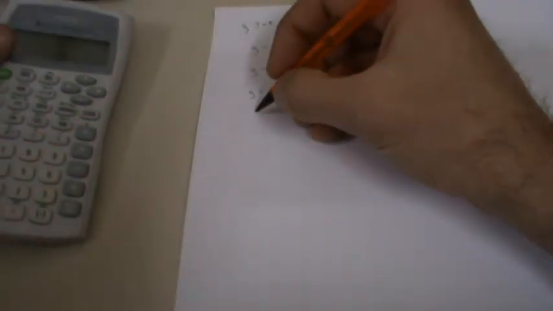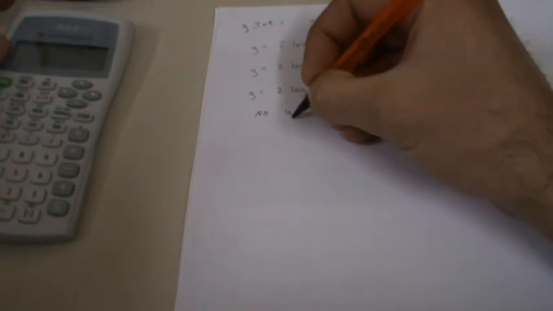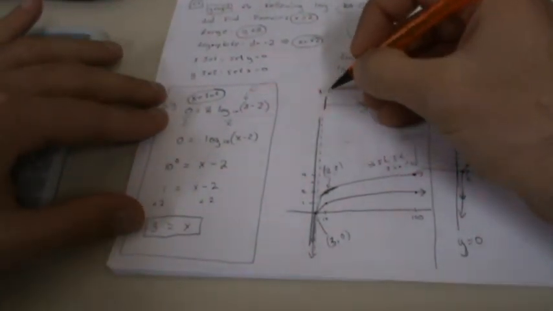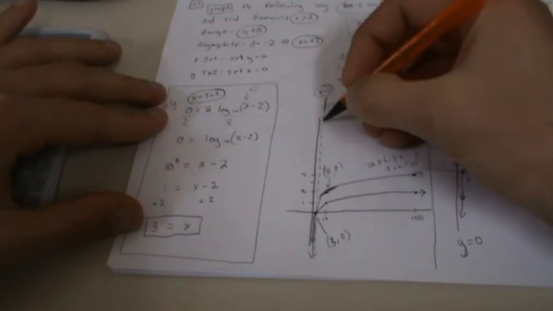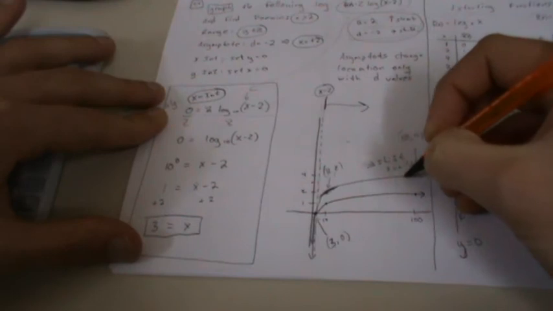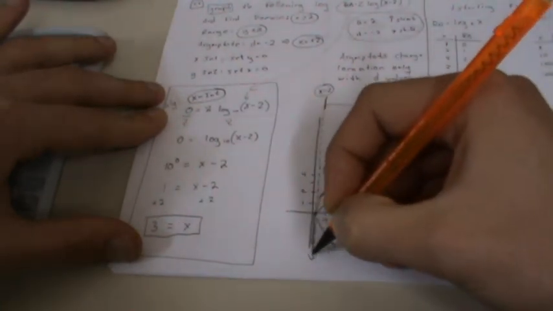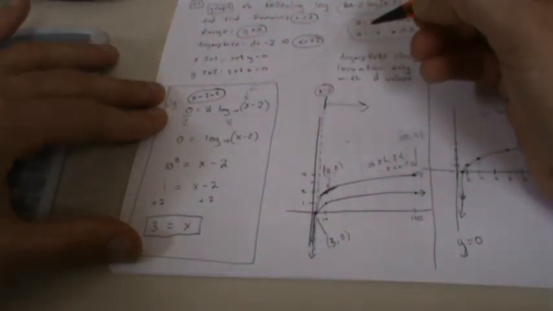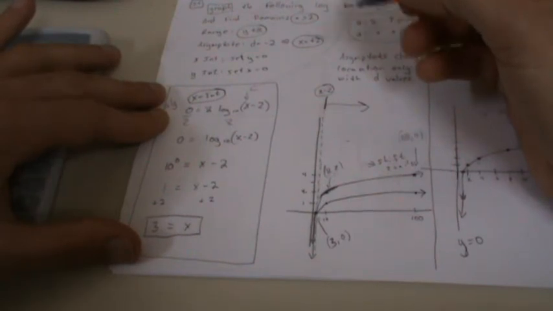And so therefore, if there's a domain error, there is no y-intercept. Let's go back and look at our graph. That actually makes sense, because notice I have an asymptote here at x equals 2. If I've got an asymptote here, that implies that this graph never actually will reach the y-intercept. And so therefore, I have no y-intercept.